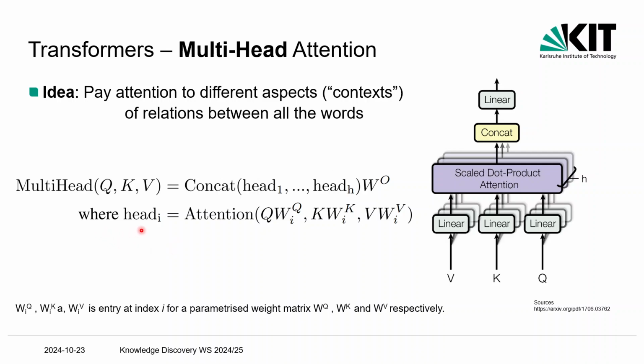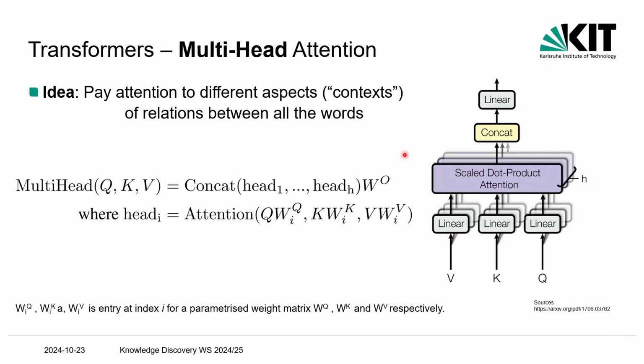And there we also do the attention of the Q times WIQ, K times WIK, and V times WIV matrices. So the W matrices are weight matrices and they're parameterized ones, so that we can set different weights for each of the matrices, Q, K, and V respectively in there.